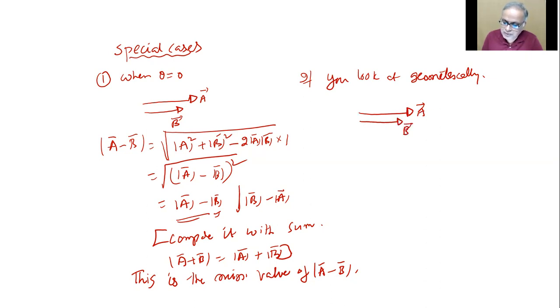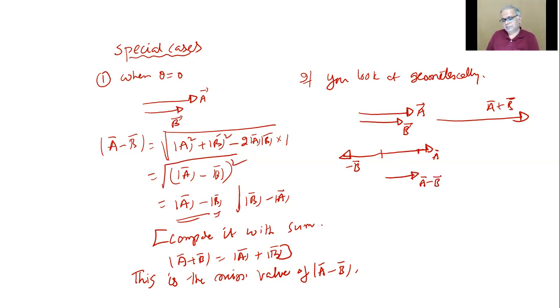So A plus B would be a longer vector like this, but A minus B would be, I'll put A as it is and reverse this B. So after reversing, you add, and you get in this direction a smaller A minus B, if you look at it geometrically.